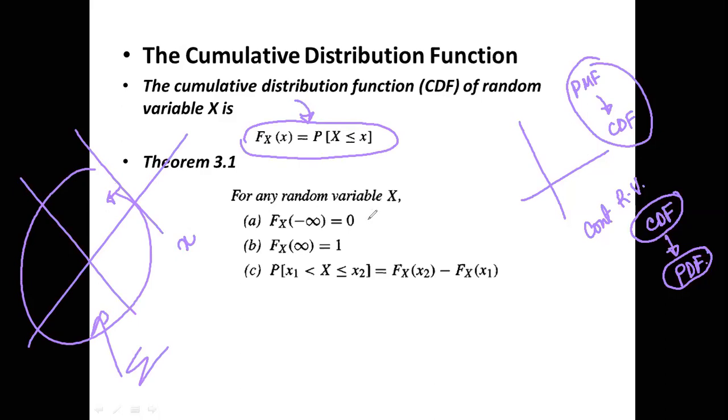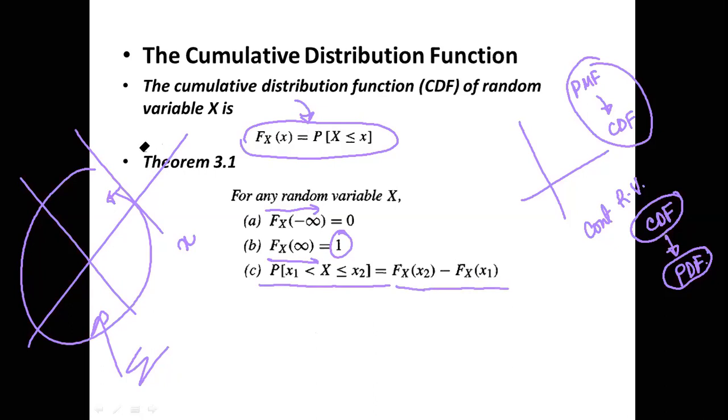And we know the criteria of F(x): F at minus infinity is equal to 0, F at plus infinity is equal to 1. And remember, this is very important: the probability from x1 to x2 is the CDF at x2 minus the CDF at x1.